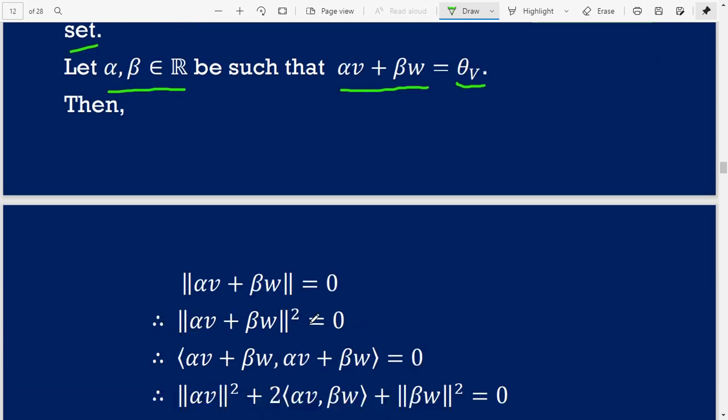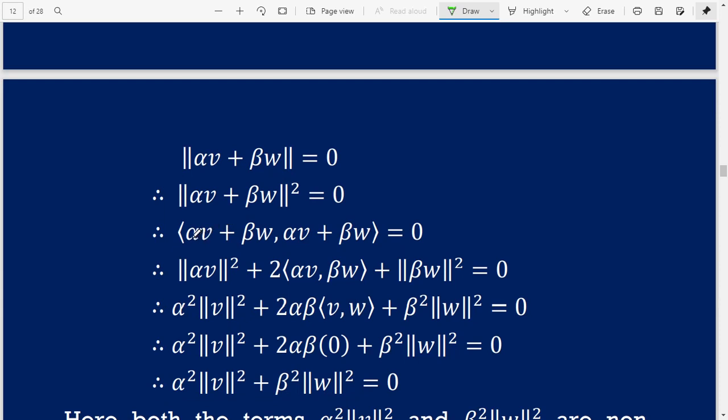So squaring both sides, norm alpha V plus beta W whole square is equal to 0. So we can write in inner product space, alpha V plus beta W with alpha V plus beta W is equal to 0.